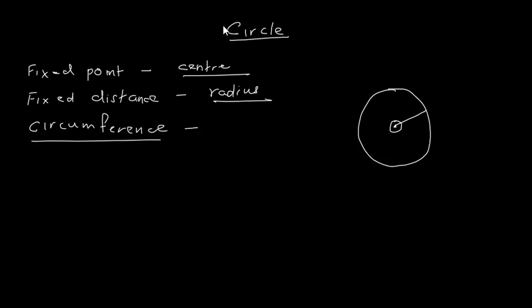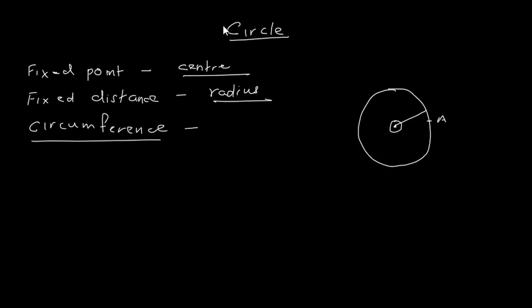So if I take a point A on the circle and cut it here and stretch it, then the total length of the circular boundary which I will get is the circumference of the circle. In case of a rectangle or any other figure, we call this length the perimeter. So sometimes we can use the word perimeter of circle also. So perimeter or circumference of circle, both have the same meaning.